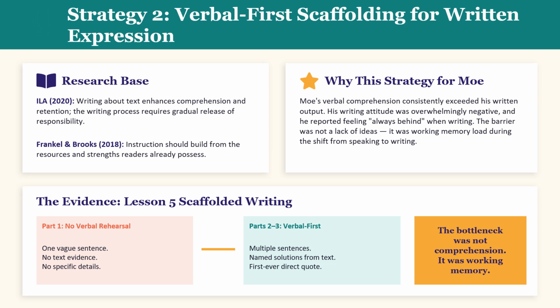It was his working memory load during the shift from speaking to writing. If I had targeted planning strategies or graphic organizers alone, I would have addressed the wrong part of the process. So it was lucky that we did it that way.